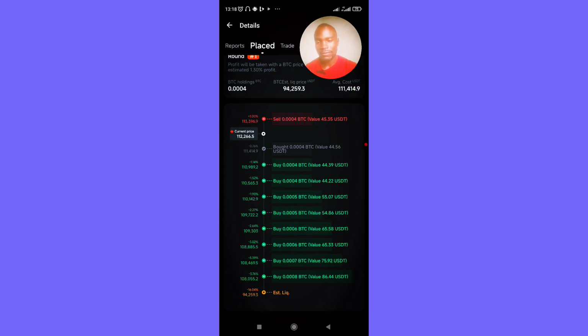Then I have some other positions which are lower than 111. So when the price of Bitcoin starts to dip, this bot will keep on buying this Bitcoin for me. And then when the price rises, I will get this position closed out and get my profit. This is why it's so powerful to use the Futures DCA bot. You can actually use leverage.